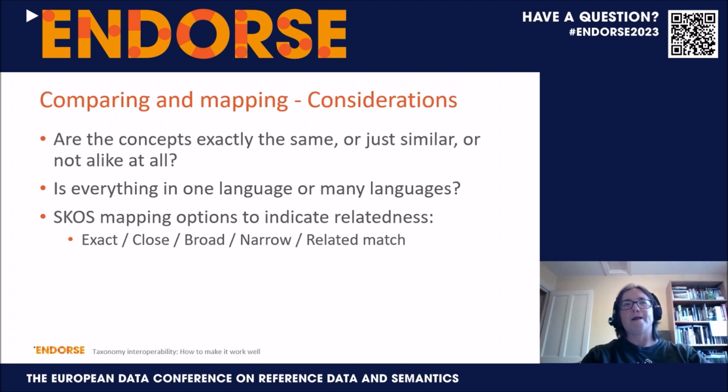Say you have an enterprise taxonomy at central level that's got lots of broad concepts, and you're trying to represent mappings to more detailed taxonomies that subject matter experts are working with. And then you've got the related match as well. This increases your effort initially if you're doing this kind of project, but it's worth it in the long run to get better quality and transparency over how close these things really are.